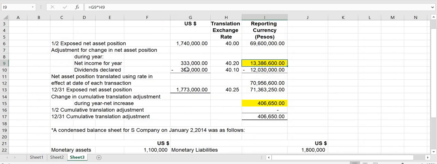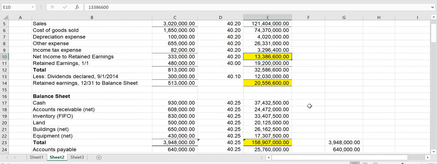So our net assets shall be reduced by our dividends declared. It's 12,030,000. So this is actually the net asset position translated using rate in effect at the date of each transaction. So yan siya. And then yung exposed net asset position natin for the end of the year.